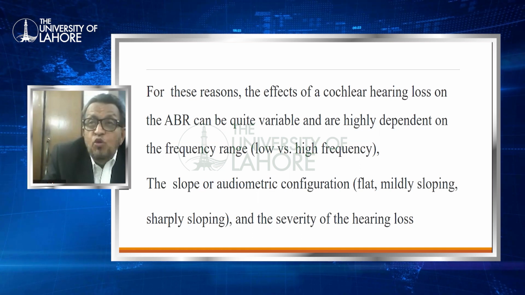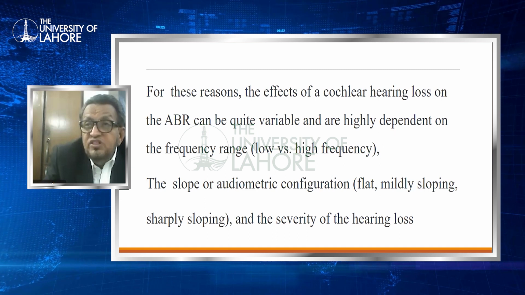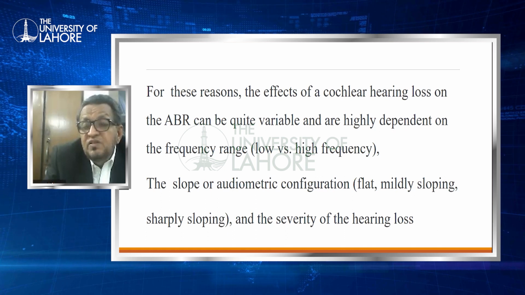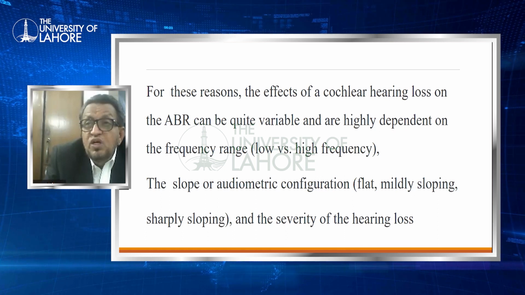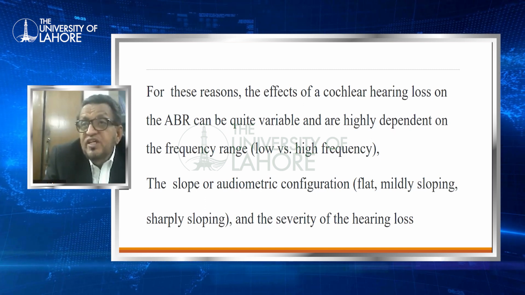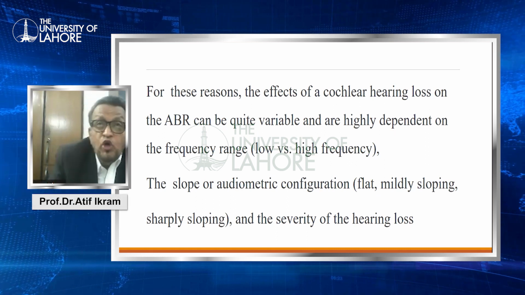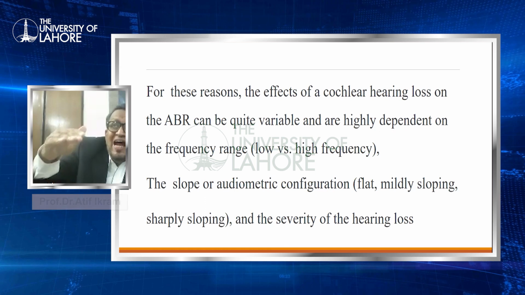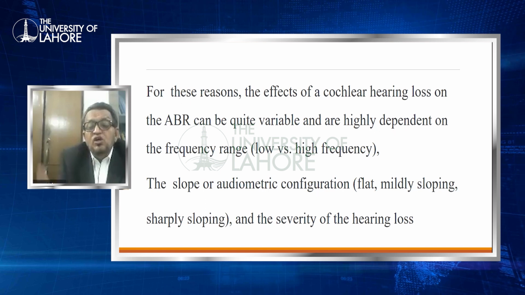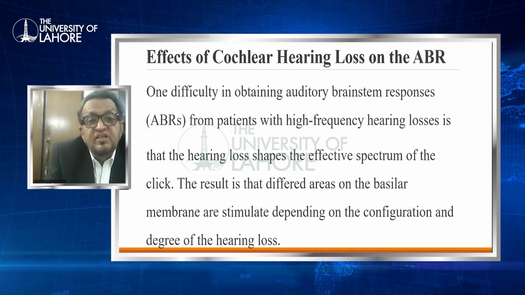But if it's a reverse slope, less hearing loss in the high frequencies and more hearing loss at low frequencies, then you will have to do tone pip or tone burst stimuli to get information about each of the low frequencies. So the slope or audiometric configuration, flat, mildly sloping, sharply sloping, and the severity of the hearing loss all have an effect on the results that we get.